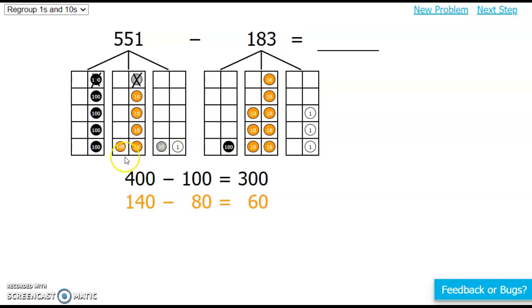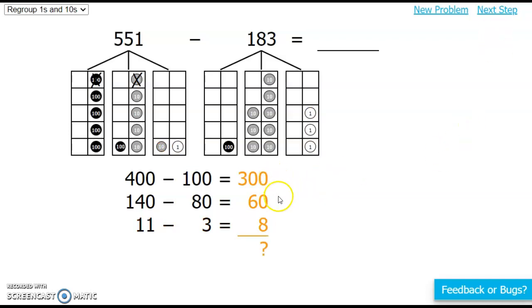Again, we would have crossed them off. I drew on extra 10 frames to show that I moved the 100 to 10 10s. Now I'm taking off. What's 11 minus 3? I can use my 10s partners to know that I take off one of them, and then it's 10 minus 2, so it's 8. When I put that all together, you see the number is now stacked.